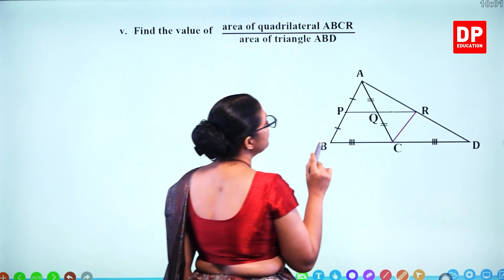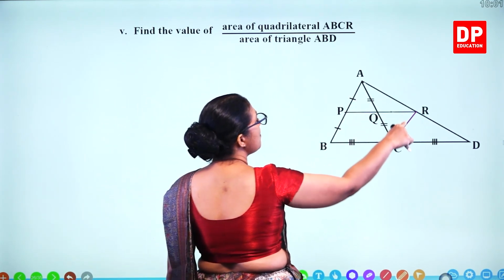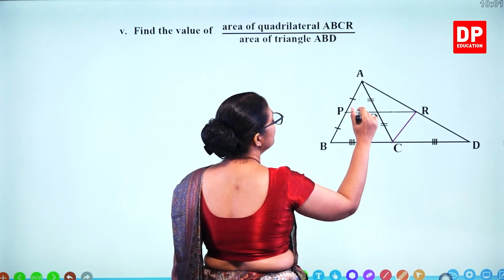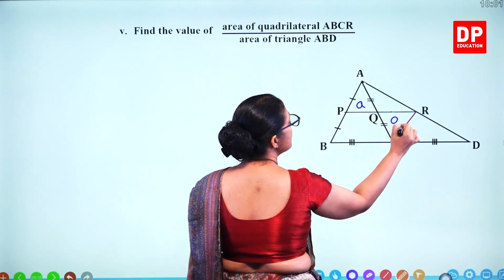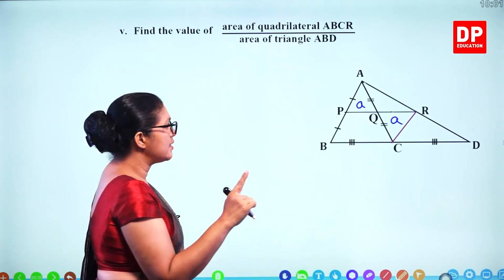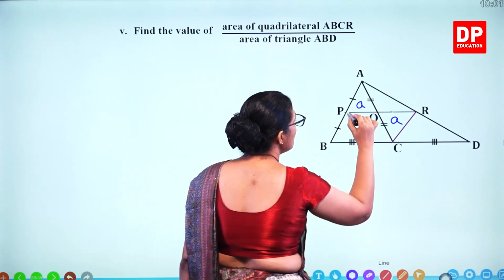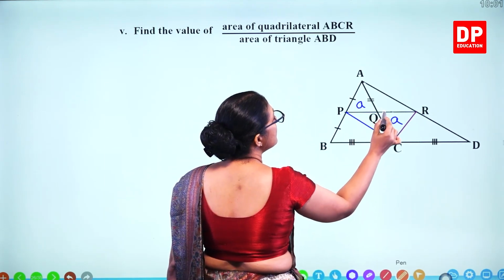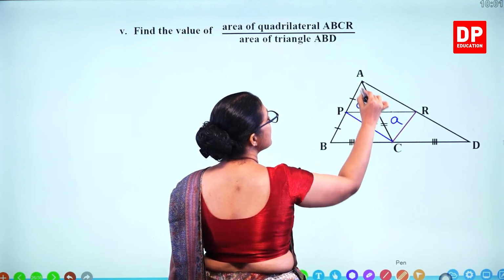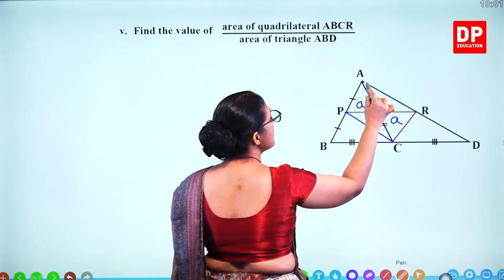So we know if you take the parallelogram, if this is A, this area is same as this, congruent triangles. And when you draw this line here, we can say this area is same as this area is same as this one.